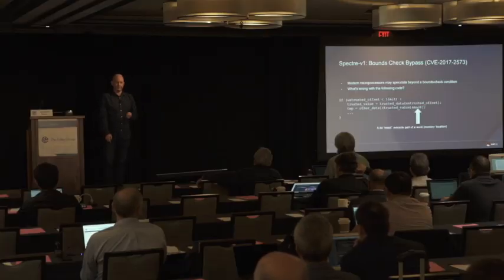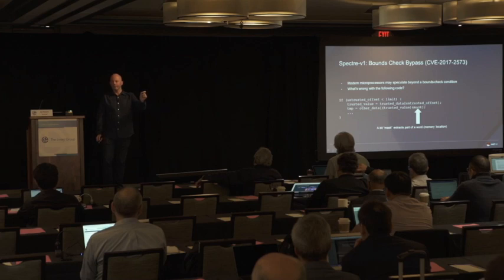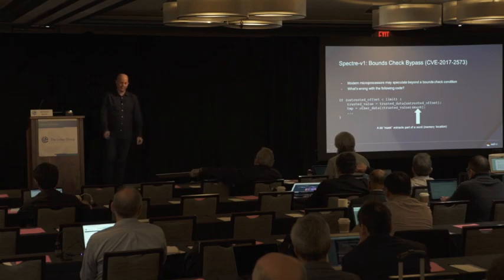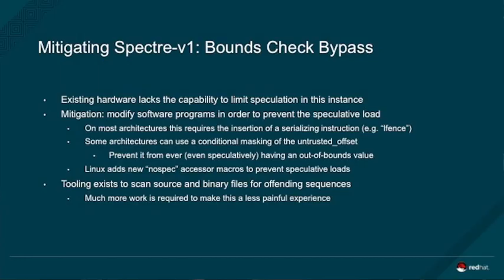The processor might decide to speculate ahead. It might guess that this access is going to be within bounds. Following that prediction, I can load a value, perform a second access, and again, I can use cache timing analysis to infer the content of the first value. Existing hardware lacks the ability to limit speculation in this case.